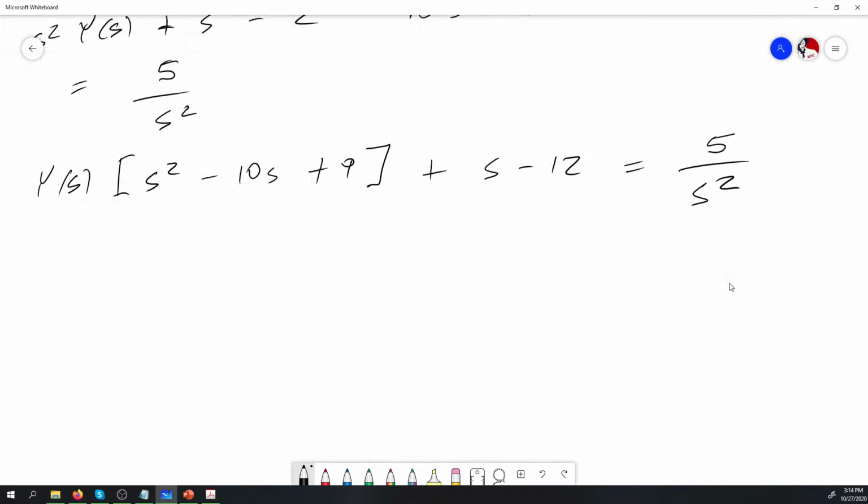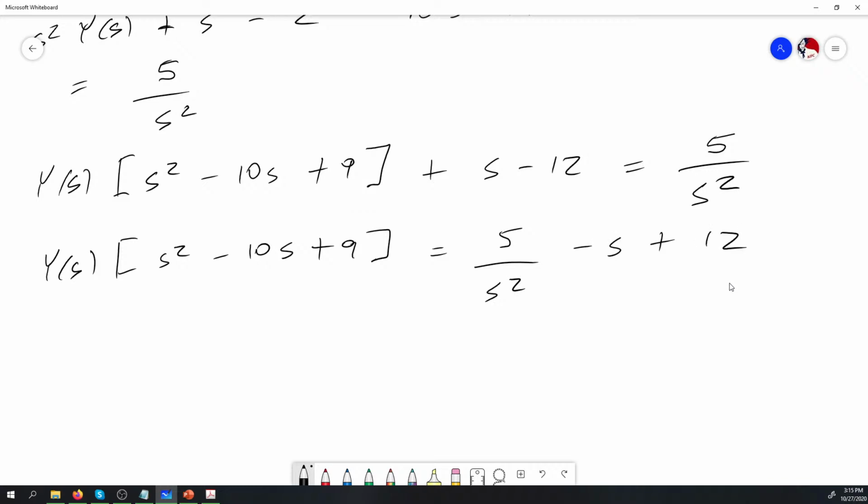So Y of s times (s squared minus 10s plus 9) equals 5 divided by s squared minus s plus 12.